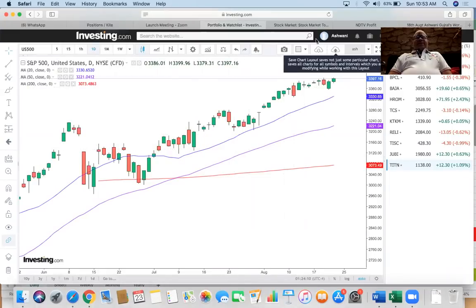So as we can see that on Friday, the market post a bit of consolidation is now trying to move higher. And as you can see from a sideways type of action, we are slowly trying to move up.